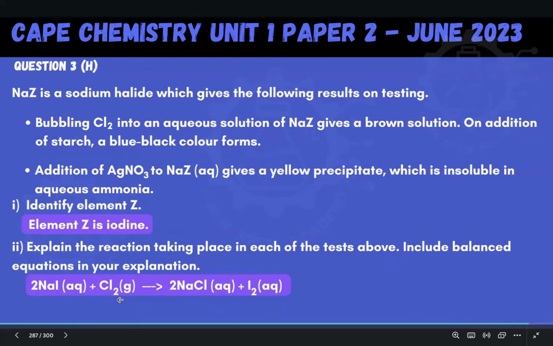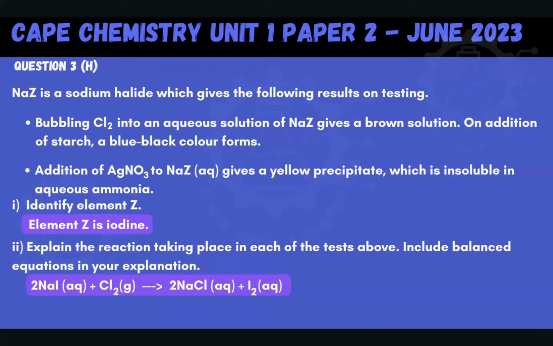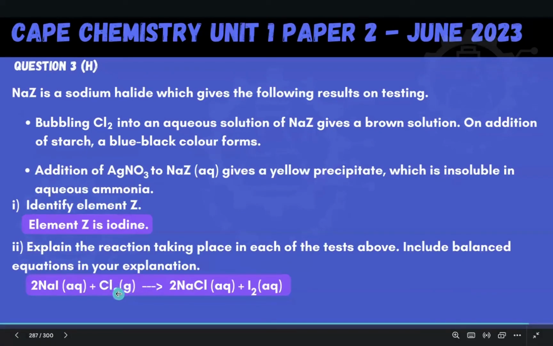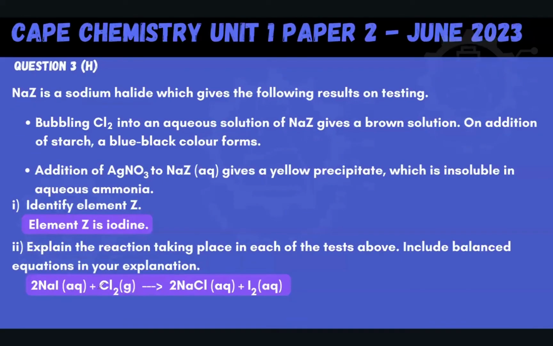In the previous question, we said that chlorine is a very good oxidizing agent. It's excellent at being an oxidizing agent. So what is it going to do? It's going to oxidize the iodide ions. The iodide ions are going to go from being I- to I0 in the diatomic iodine.